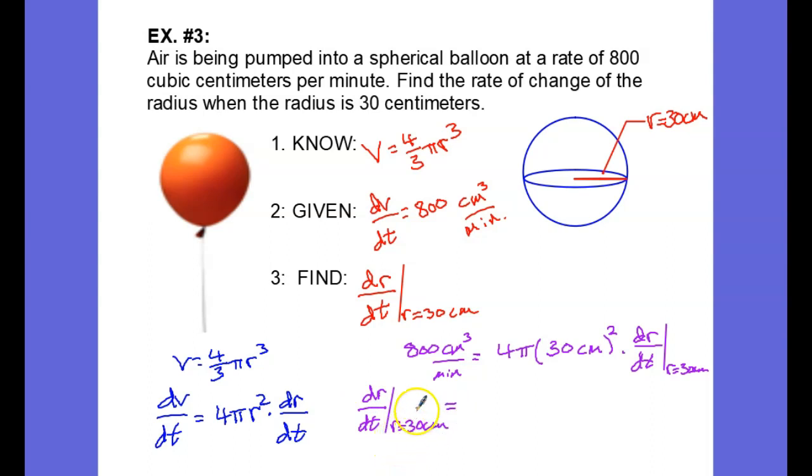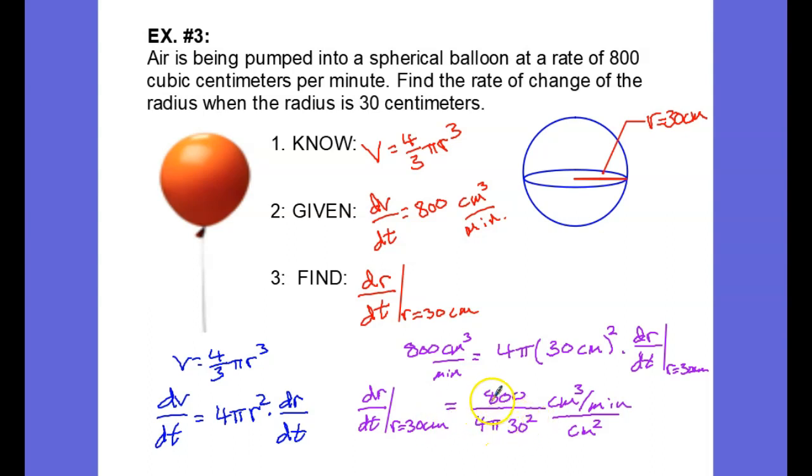is going to be equal to 800 divided by all of this, 4 pi times 30 squared. And this is centimeters cubed per minute divided by centimeters squared. So 30 squared is going to be 900 times 4 is 3600 pi.